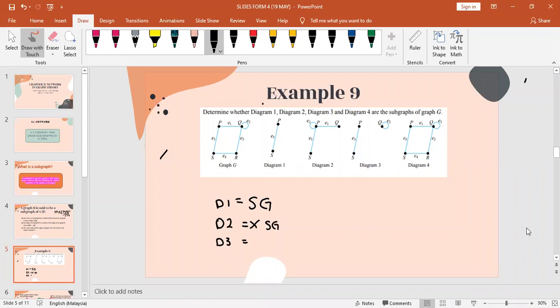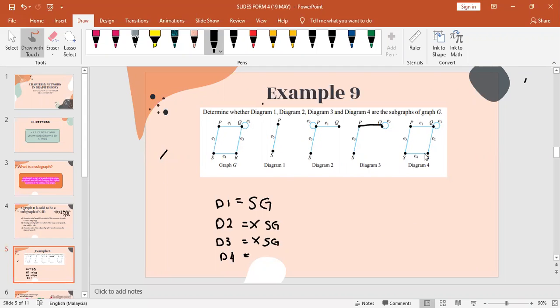Okay, for diagram 3, subgraph ke bukan subgraph? Bukan. Bukan kan? Sebab P dengan Q ni edge dia tak ada kat sini. So diagram 3 is not a subgraph. Lastly, diagram 4, is it a subgraph?